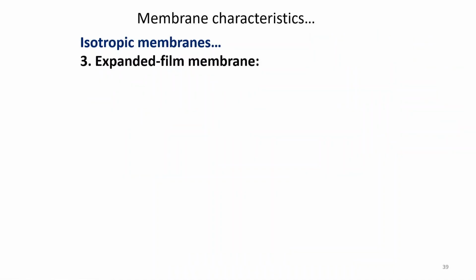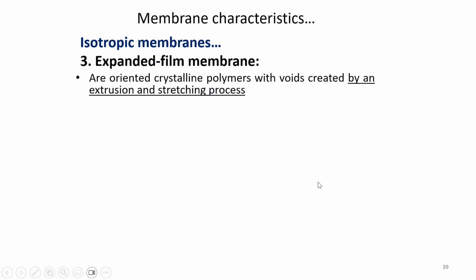Next is the expanded film membrane. This is another method of manufacturing the isotropic membrane. These are oriented crystal polymers with voids created by extrusion and stretching process.